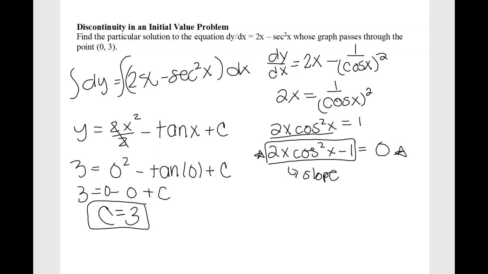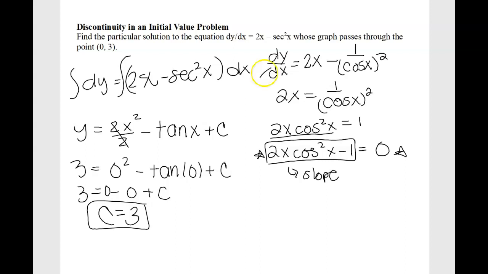And again, it is valid for us to plug in 0. We end up getting 2 times 0 is 0, cosine 0 is 1, 0 minus 1 is -1. Since -1 doesn't equal 0, we are happy because that means my slope is not undefined. We actually have a slope when we plug that in. So our slope in this case is -1. Therefore, my c value, initial value, all of that works.